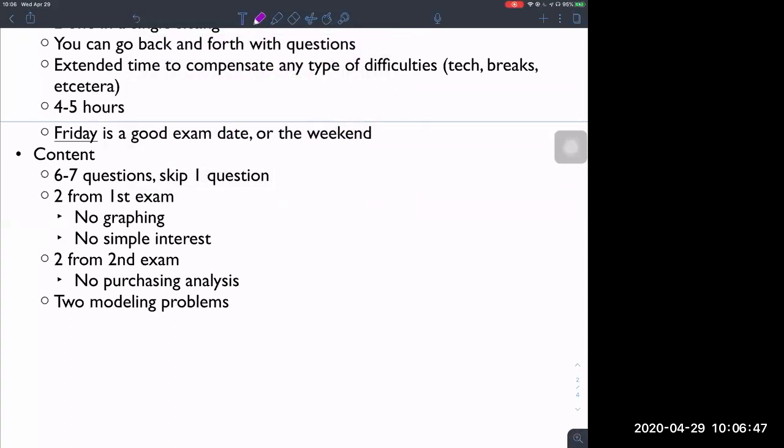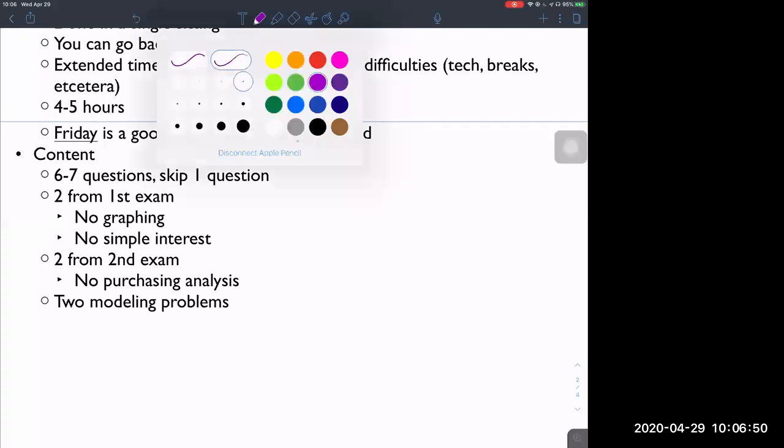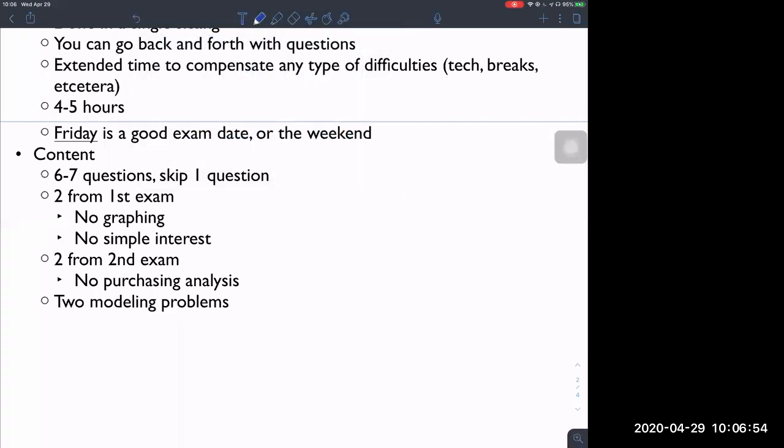Just a sidebar: if you have a question that says, what percent would make money triple in 20 years, compound daily, right?